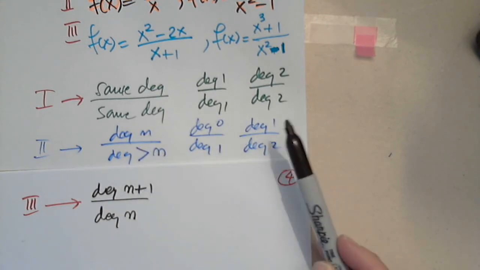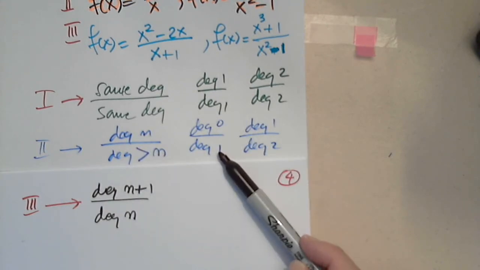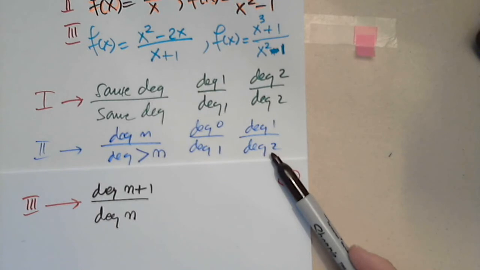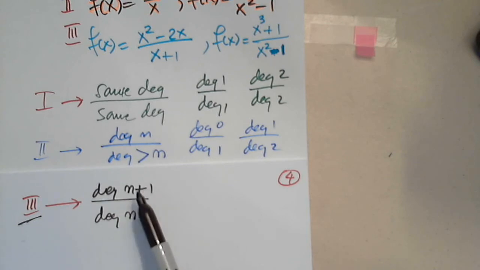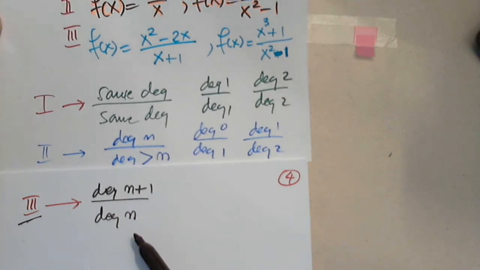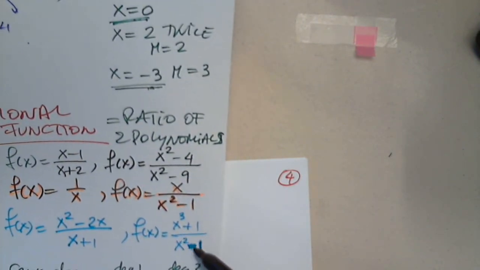Here it doesn't matter. This can be 0 and this can be 5. This can be 1 and this can be 3. It doesn't matter. But here type 3 specifically has to have 1 more in the numerator than the denominator. As you see here, this is degree 2 over degree 1. And this is degree 3 over degree 2.